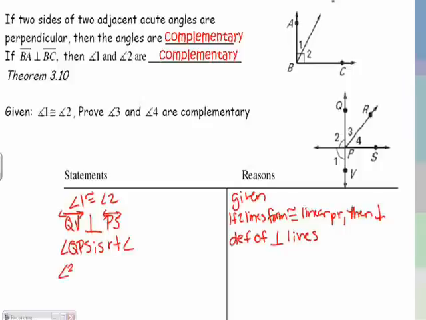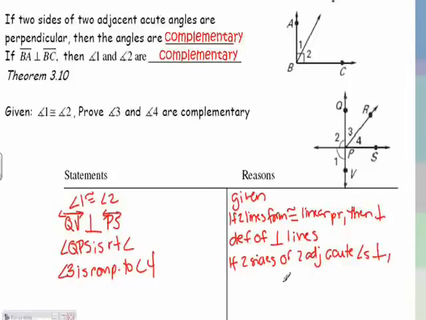So we can say that angle 3 is complementary to angle 4, and our reason is if two sides of two adjacent acute angles are perpendicular, then the angles are complementary. So the earlier step is superfluous, so perhaps I shouldn't have written that. Sometimes you get into proofs and you realize you don't really need a step, but as long as it's not wrong, you can leave it and you'll be okay.